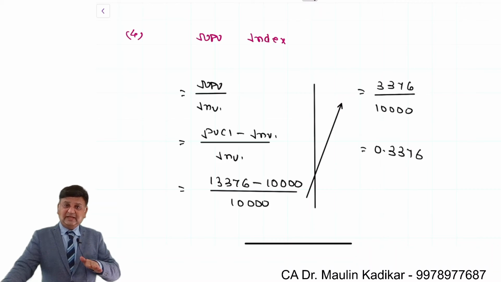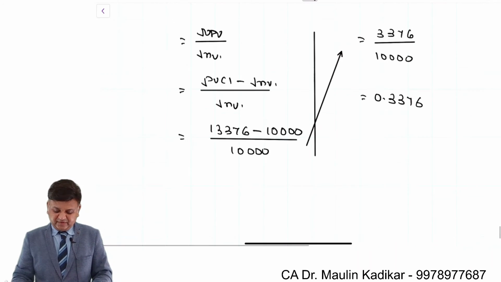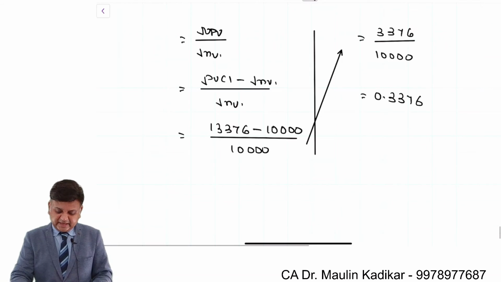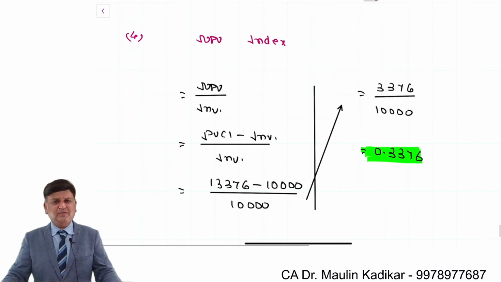Based on NPV index criteria, in which situation would the project be accepted? The answer is simple: if the NPV index is positive, the project should be accepted. If it is negative, the project should not be accepted.